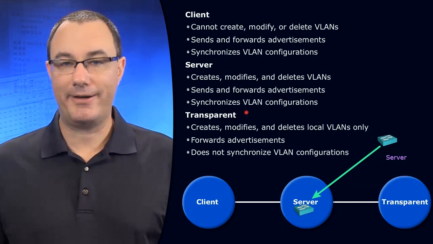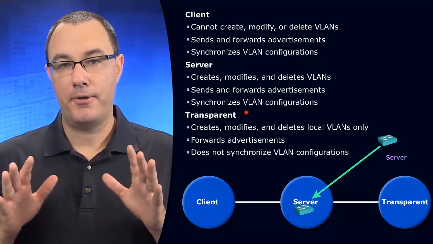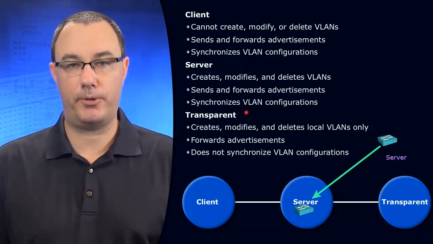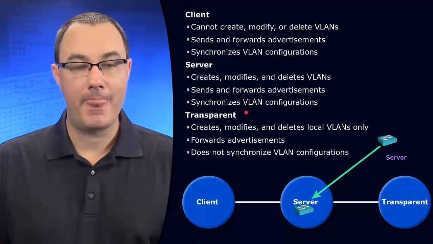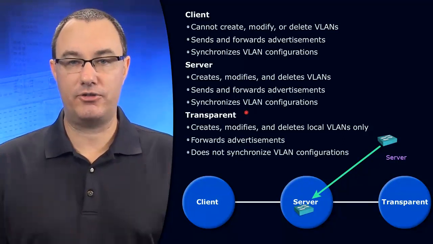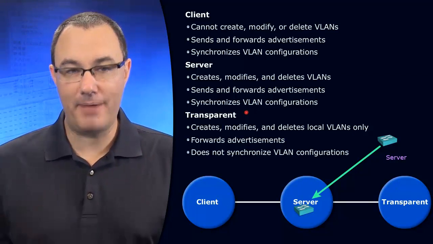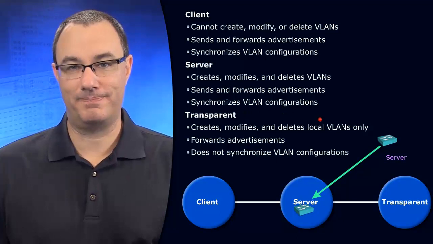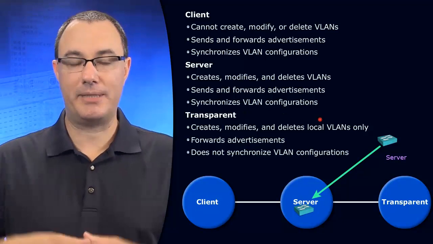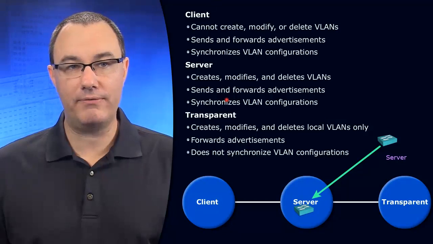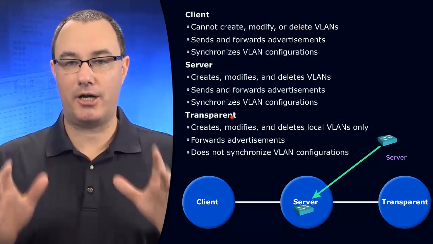Now, transparent is the last modality for this, and it's important to understand that transparent mode means local VLAN administration. That does not mean that VLANs don't work, that VLANs are somehow different. The VLANs that you get with all three of these modes are the same kinds of VLANs.